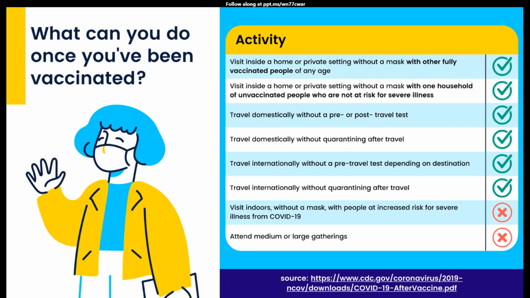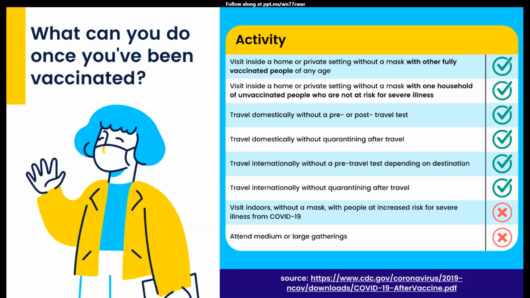And this slide does not reflect local restrictions. So there might be some regions that have more strict restrictions, right? But this is what the CDC recommends. You can travel domestically without quarantining or getting tested. Depending on the location, you may be able to travel internationally without a test, and you definitely don't need to quarantine after travel.